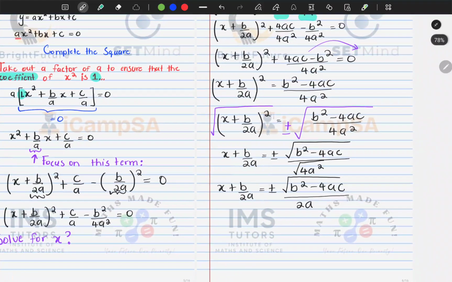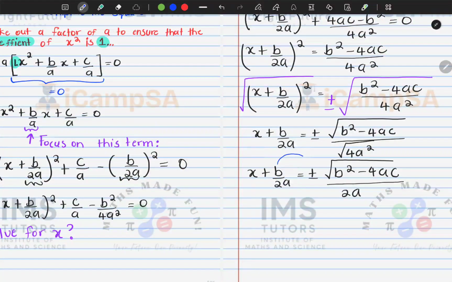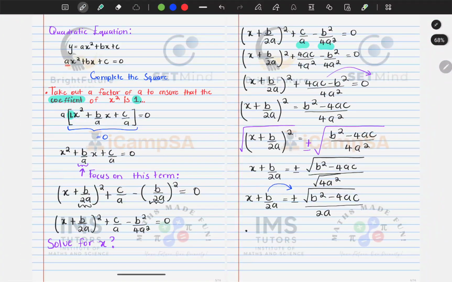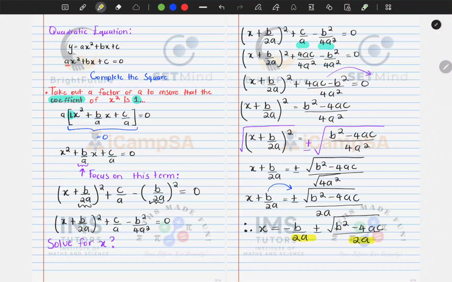So now we can transpose and have x by itself by simply taking this portion to the right-hand side. So if you look carefully, our x now will be negative b over 2a, and then plus or minus the square root of b squared minus 4ac all divided by 2a. And if you observe carefully, you should be able to see that we have a common denominator.